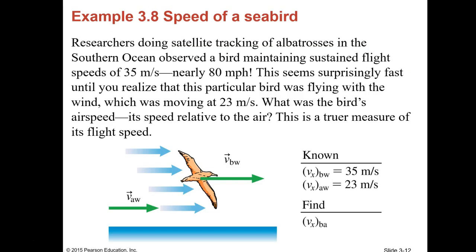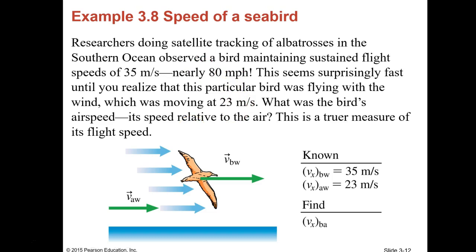We're also going to look at the idea of flight speed, and adding speed vectors together to get a true speed. It's kind of like if you think about going against or with the wind. So we're looking for the airspeed relative to the air.